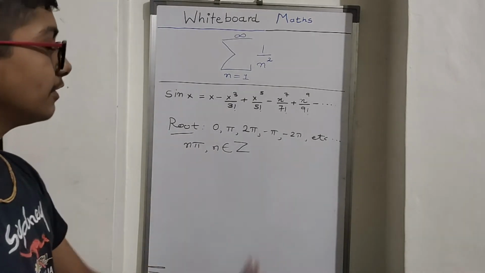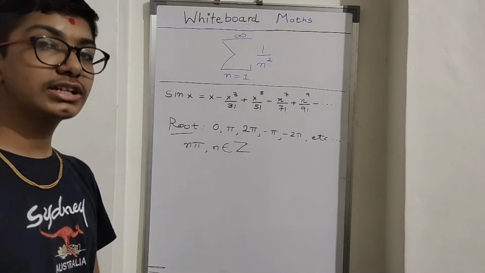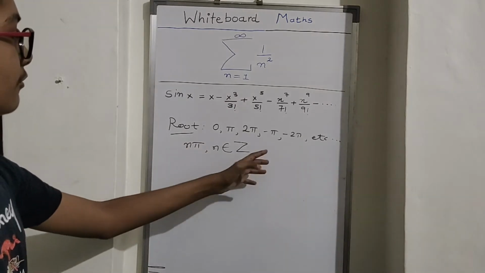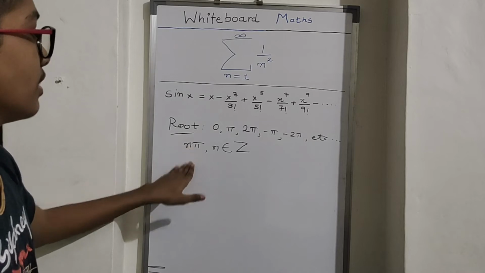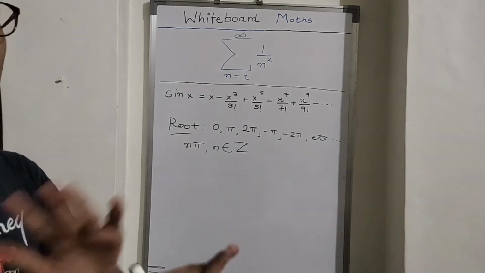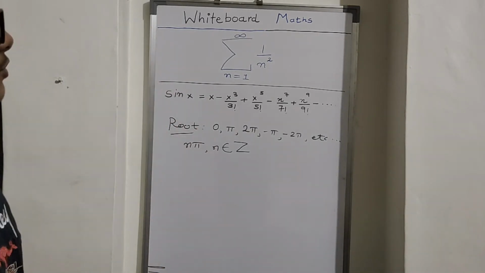So for every n belonging to the set of integers, if we put all the integers into the n with the pi, we will get all the roots of the sine function.